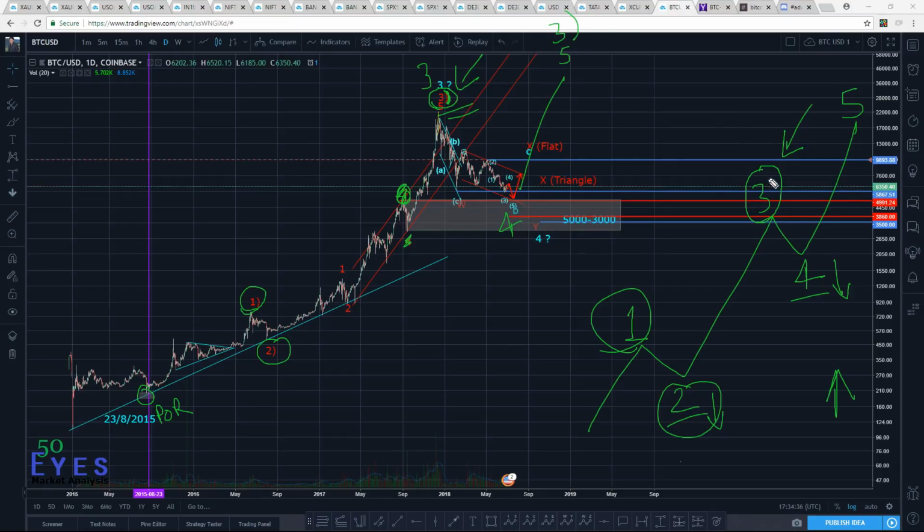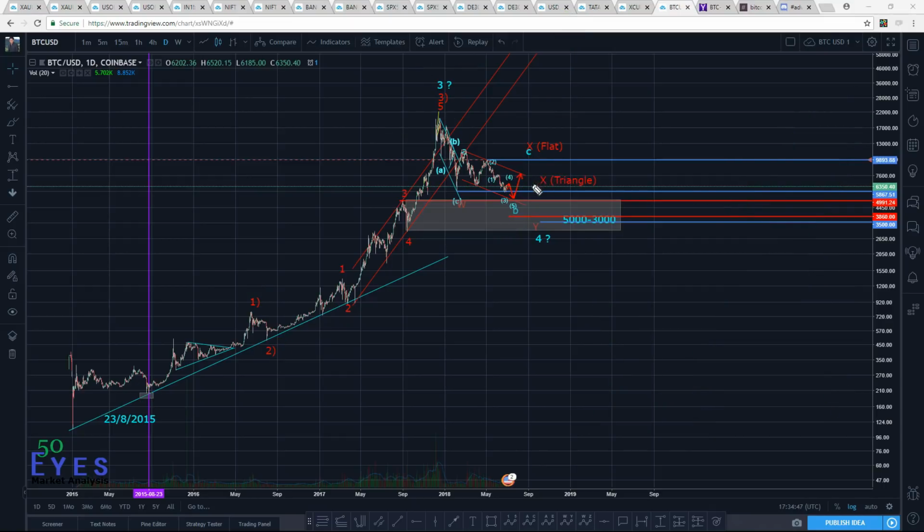So that means this single bracketed 3 is either complete over here or is still continuing for one leg up and will complete above this high. Now that is basically not important at this point in time, because at this point in time we are in this wave 4 correction. If we go with this red count at first, we will have wave 4 bracketed in red here, and after that wave 4 bracketed, we will have again one leg up for wave 5 bracketed.